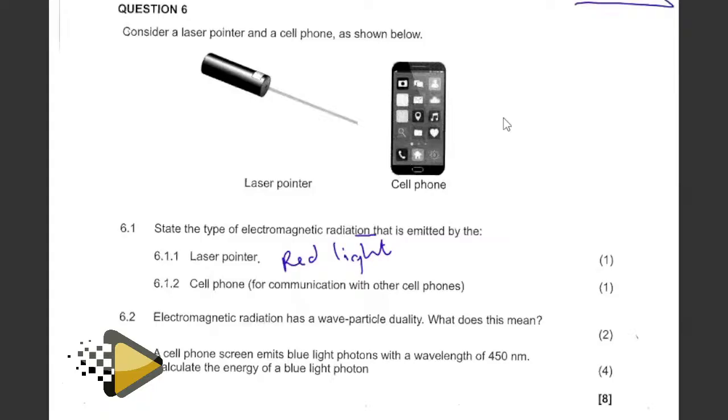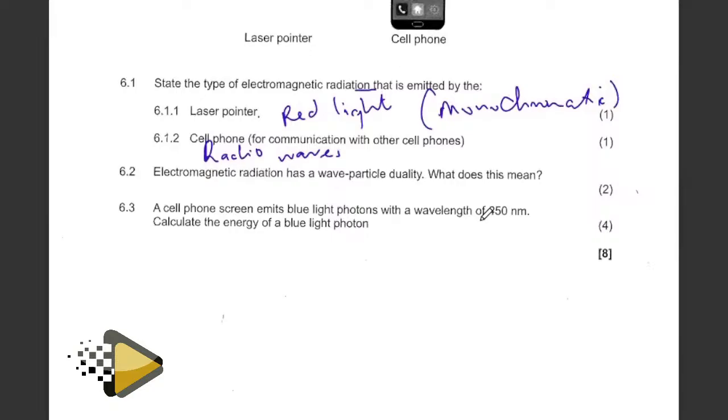Does that make sense? Okay. Or someone can even say monochromatic, since it's just one type of light from a laser. Then from the cell phone, these are normally what we call the radio waves, or even the microwaves, since they are under the same category.